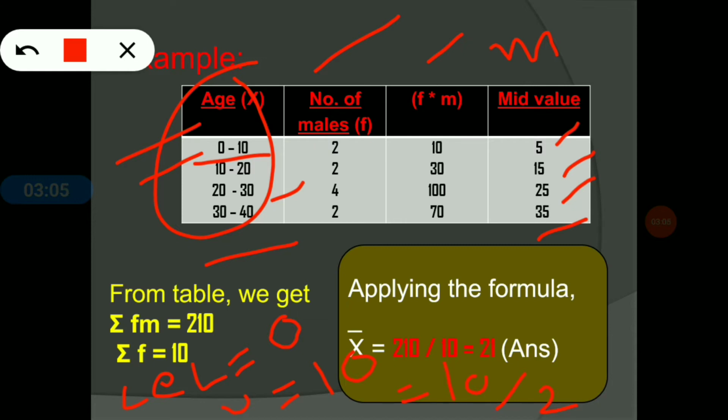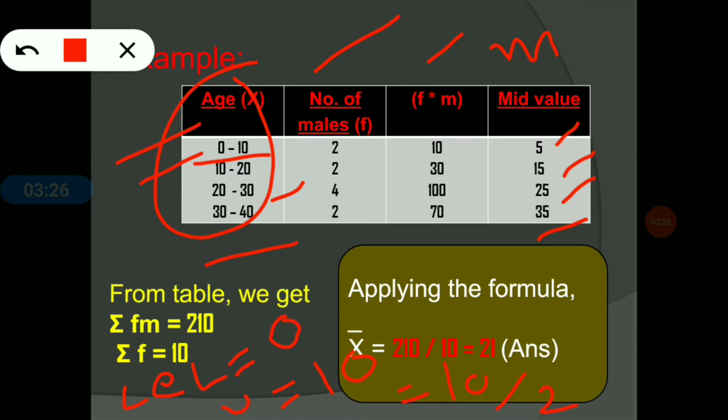So, mid value equals lower class limit plus upper class limit, divided by 2. There is a basic difference between the calculation of the assumed mean and the calculation of the mid value. The assumed mean equals the maximum value plus the minimum value, divided by 2.